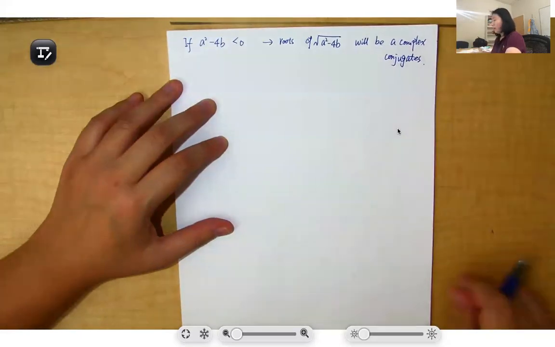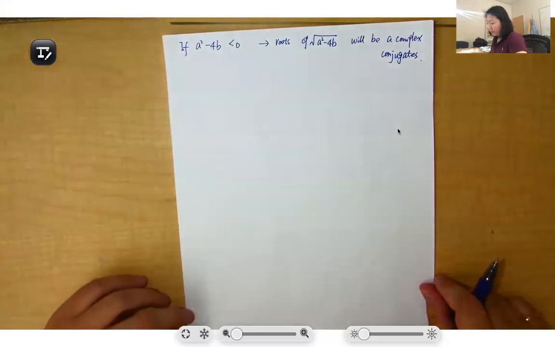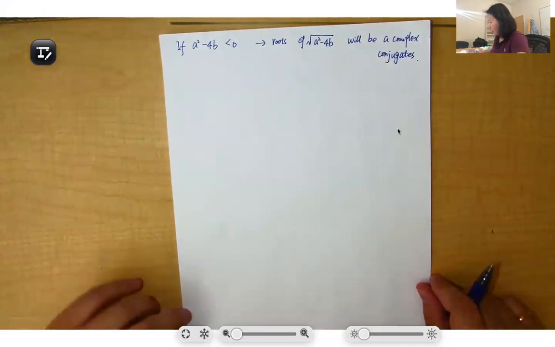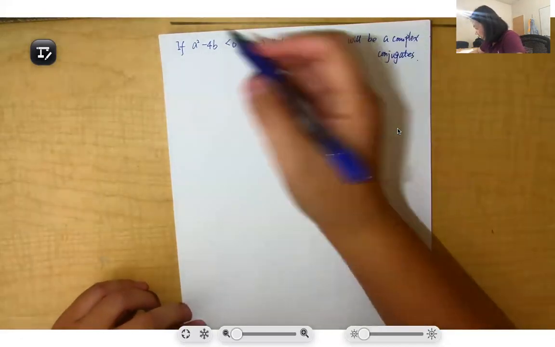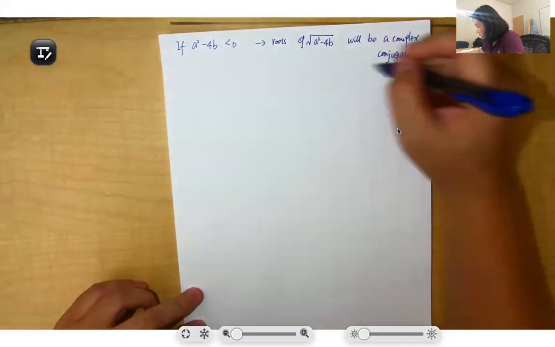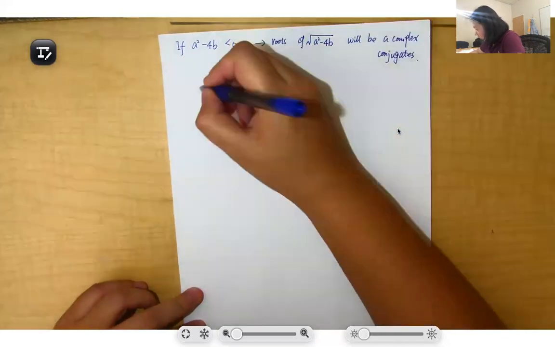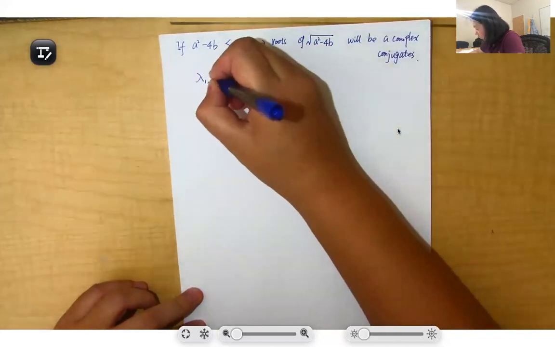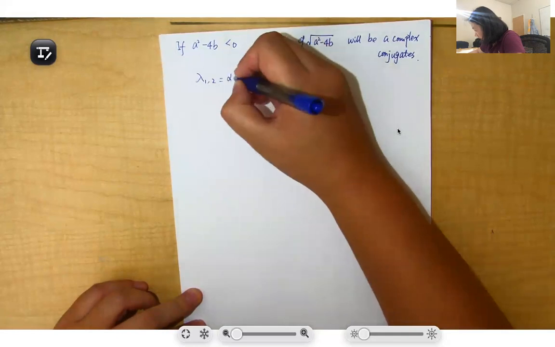Okay. Then how do we represent the general solutions? If the roots are a complex conjugate, we can write lambda 1, 2 equals alpha plus or minus i beta.